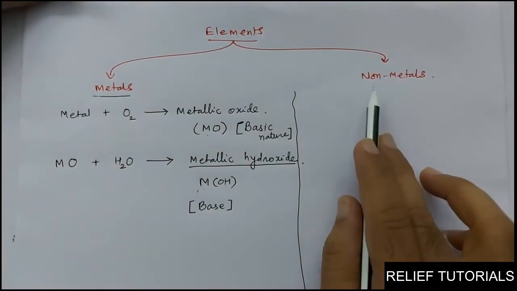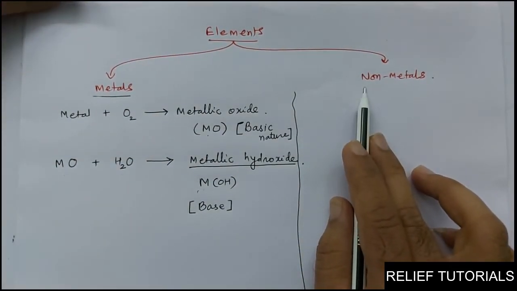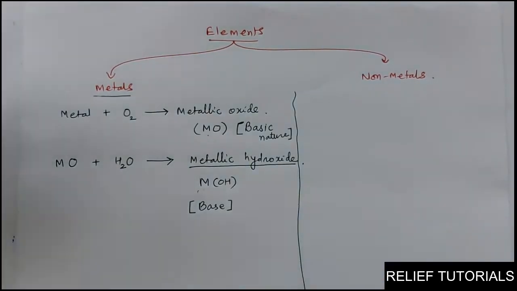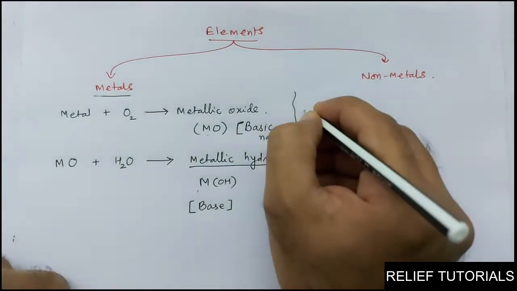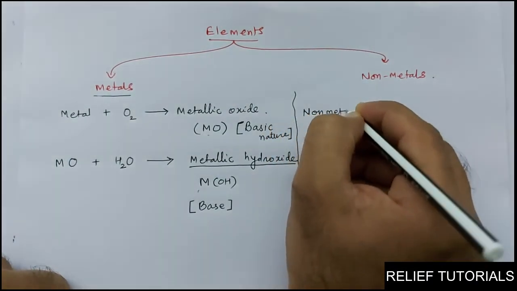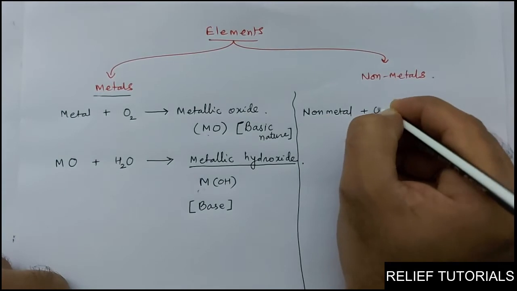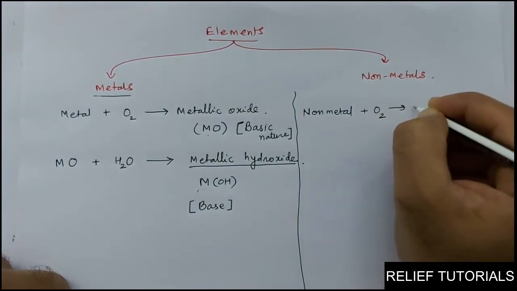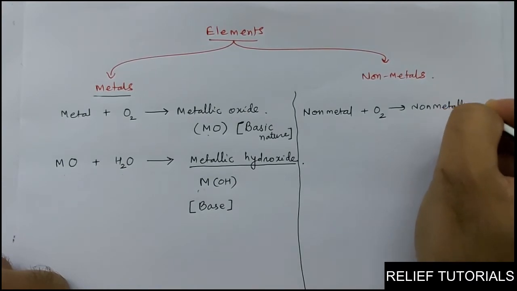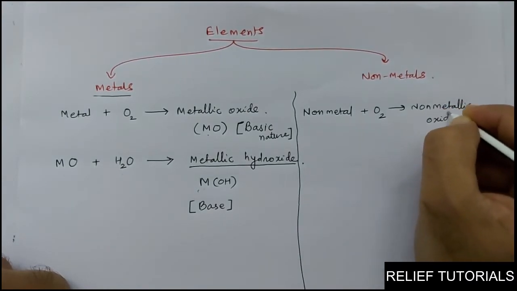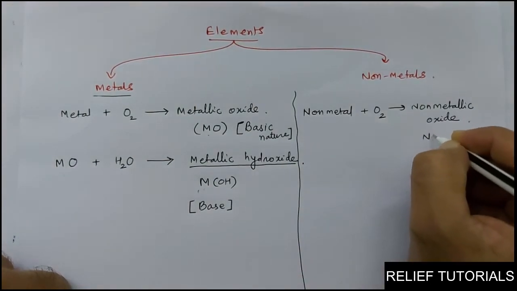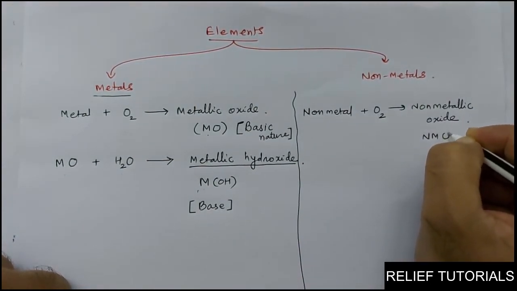Okay. Now what about the preparation of acids? Acids are normally formed from non-metals. When non-metal reacts with oxygen, it forms non-metallic oxide, NMO.